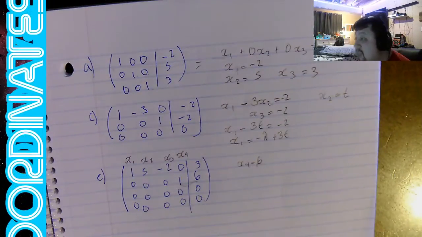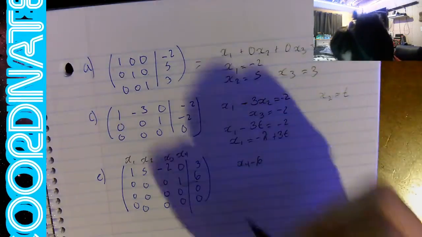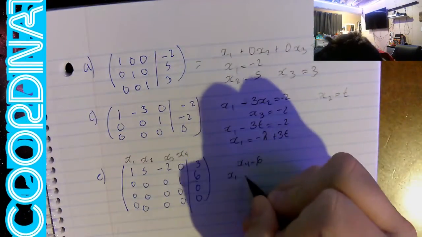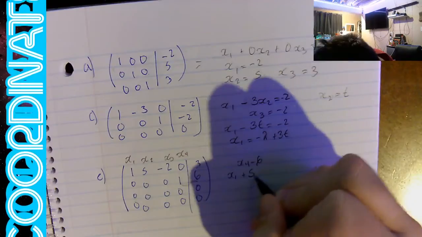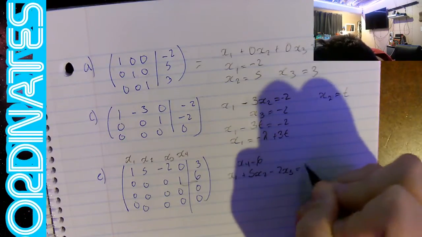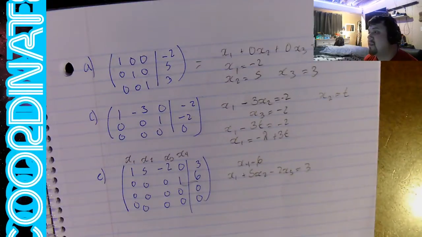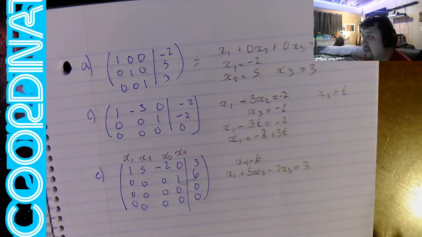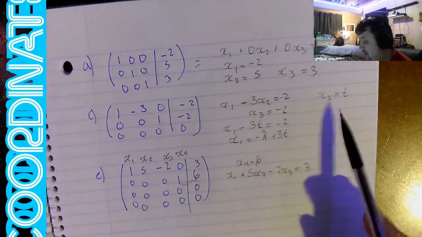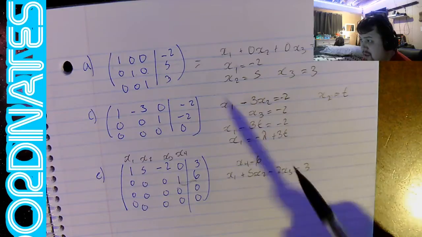Well, we got one thing out of the way, but that top line kind of looks tricky, right? Right now what we have is x1 plus 5x2 minus 2x3 equaling 3. That's ugly. How do I do this then? We only had the one line.